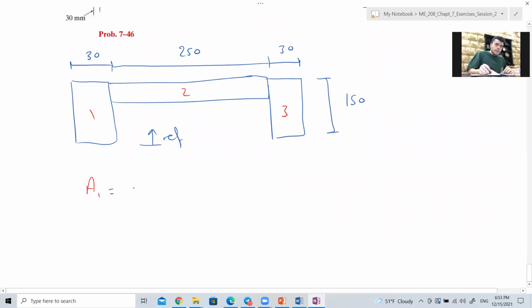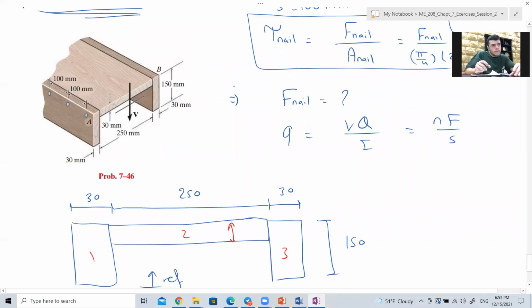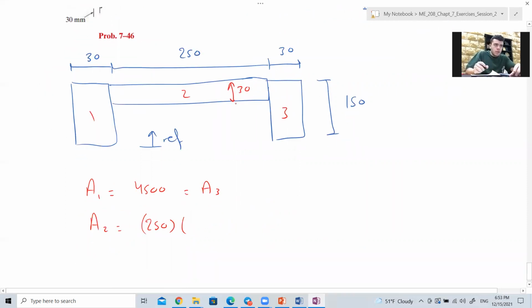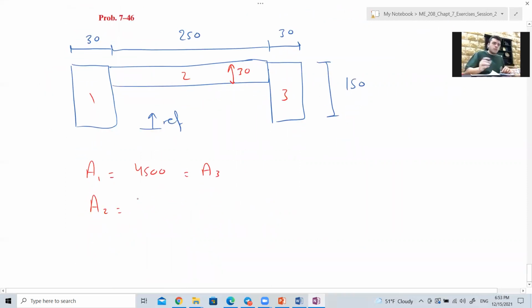A1 is 30 times 150, which is 4500, equal to A3. A2 is 250 times 30, which is 7500. The total area is 4500 times 2 for A1 and A3, plus 7500, giving 16500.